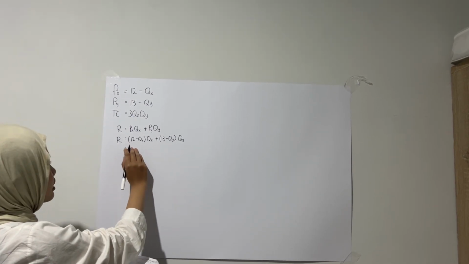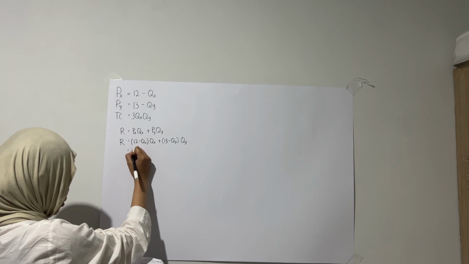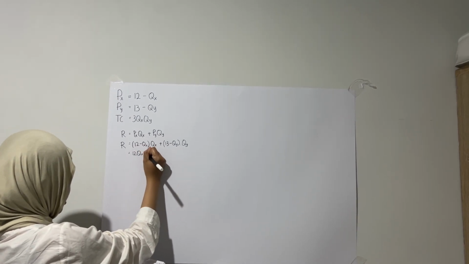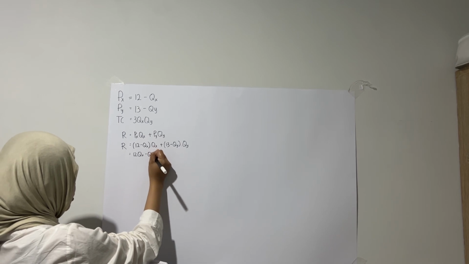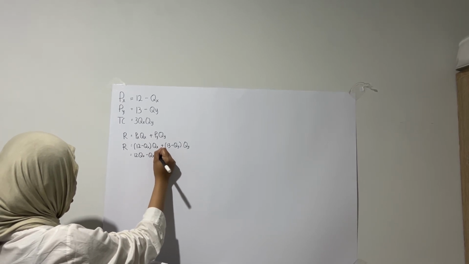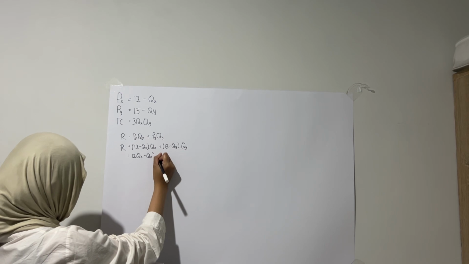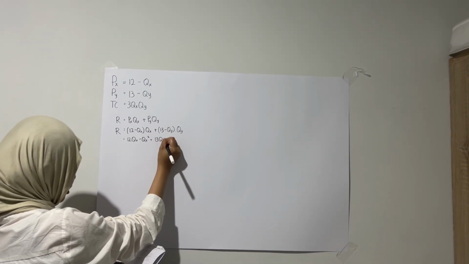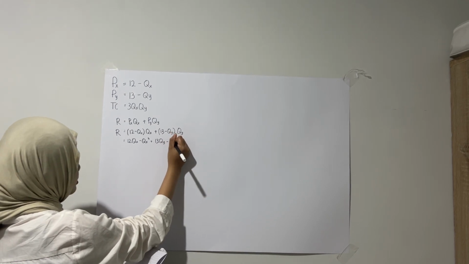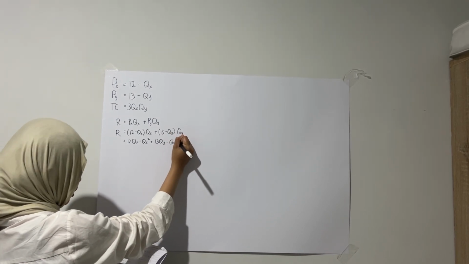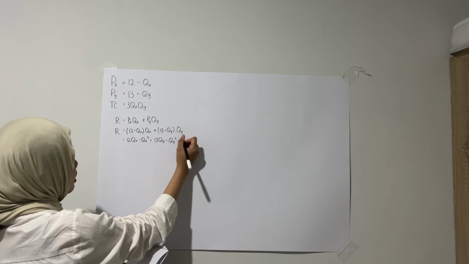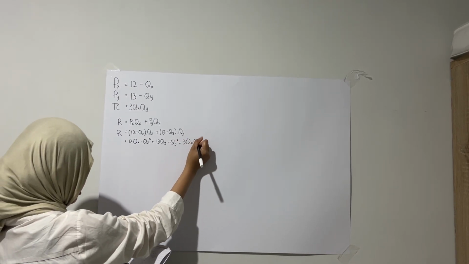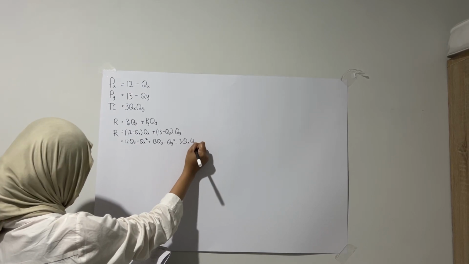So we get revenue 12qx minus qx squared plus 13qy minus qy squared minus 3qxqy.